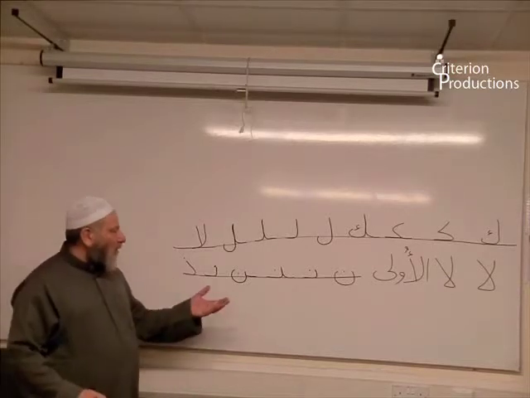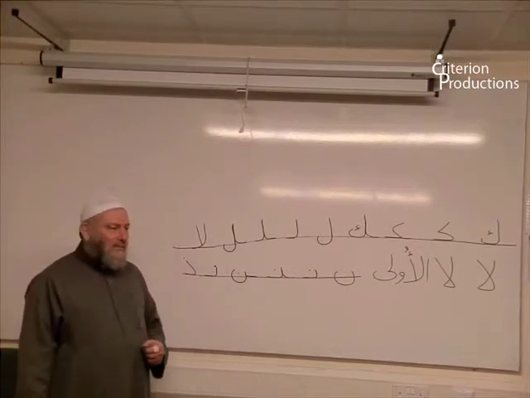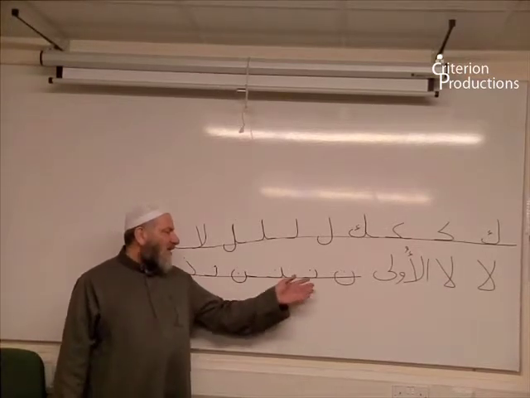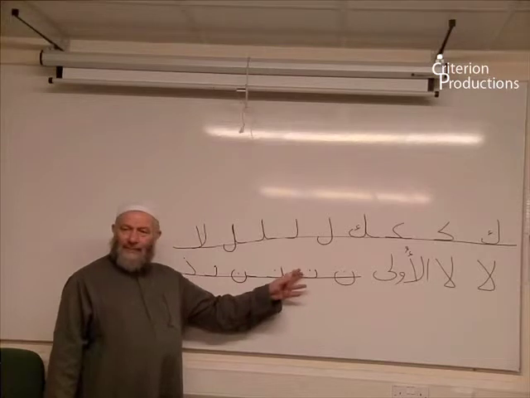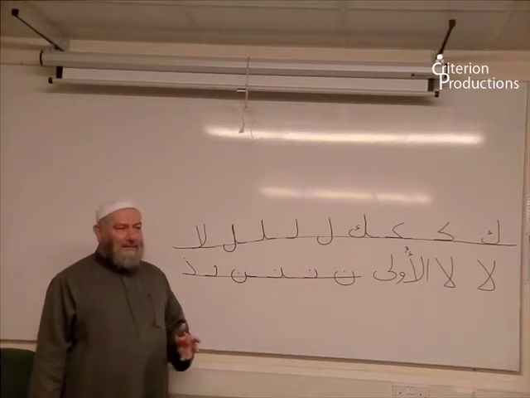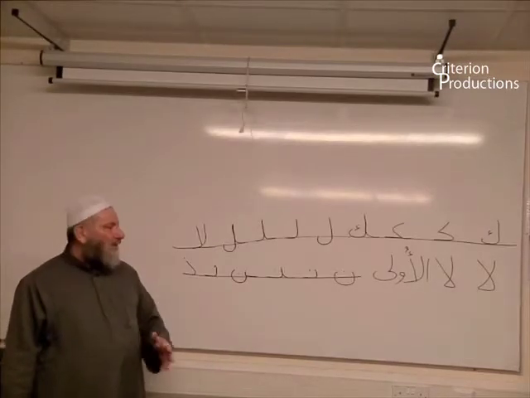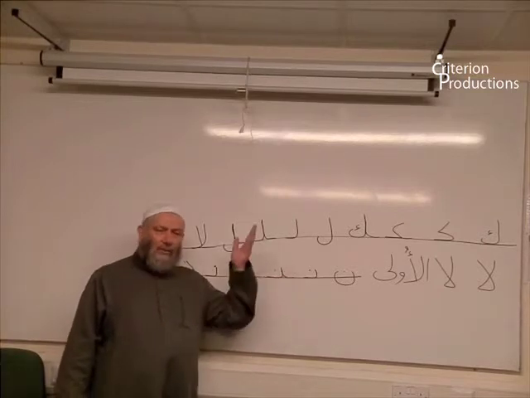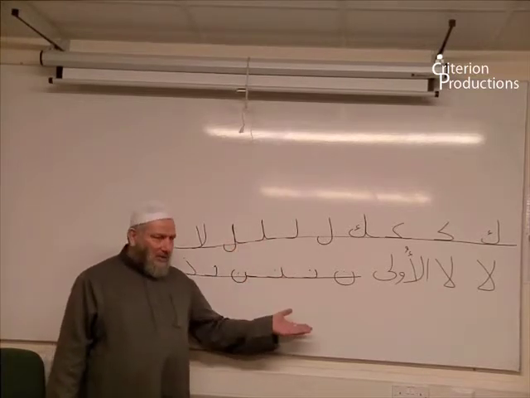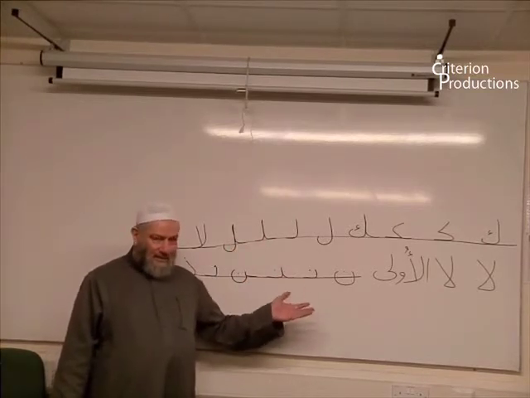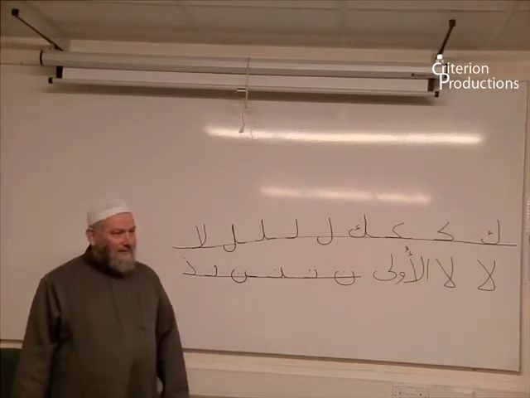And also one of the things I noticed, some students make a mistake when they see this: is this noon or ba? So remember, when the dot is on the top, it is noon. When it is at the bottom, it is ba. I make that mistake when I write because I think I'm a bit dyslexic, so I put the dot on the top.